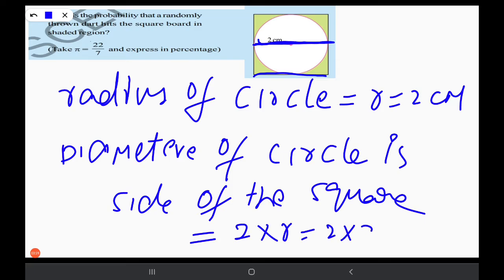So r we have 2 centimeters, so 4 centimeter is the side of this square. Now we have side of the square 4 centimeter, radius of the circle 2 centimeter.